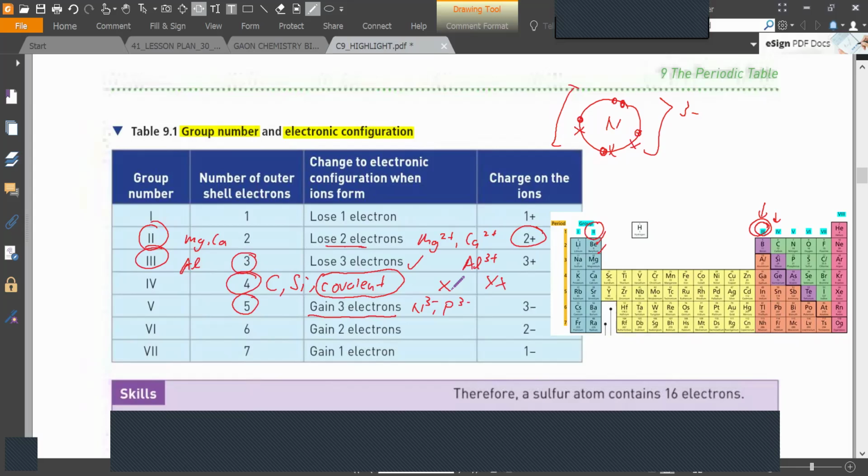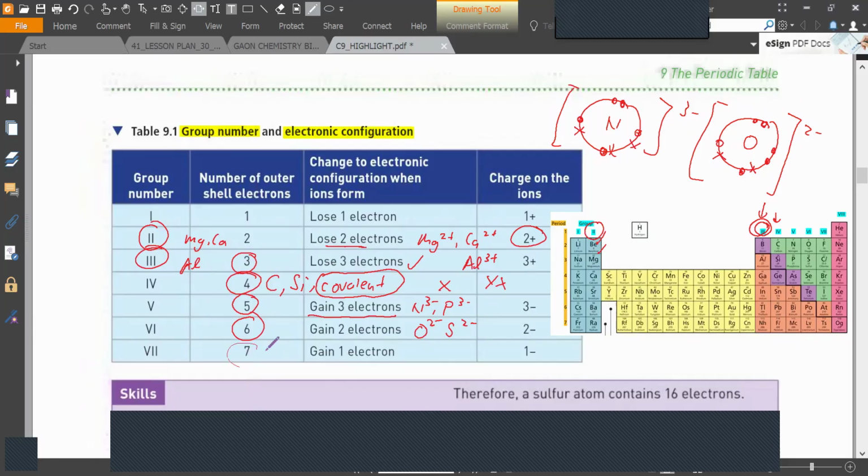They will form 3 minus ions. Group 6, like oxygen and sulfur, they have 6 outer electrons. Like oxygen: 1, 2, 3, 4, 5, 6. They need to gain 2 more electrons to form the full shell, so they will form negative charge.